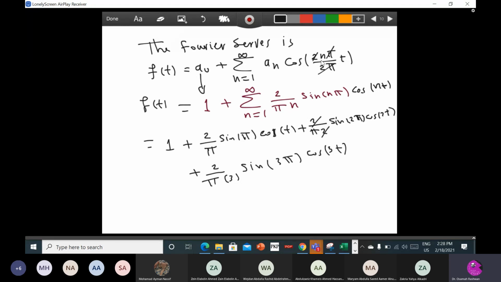Is it correct or not? This is a sine, if you forget. Sine 0, 0, no, sine 2 pi. So what is the mistake here?